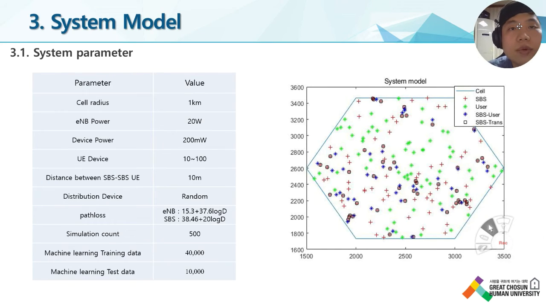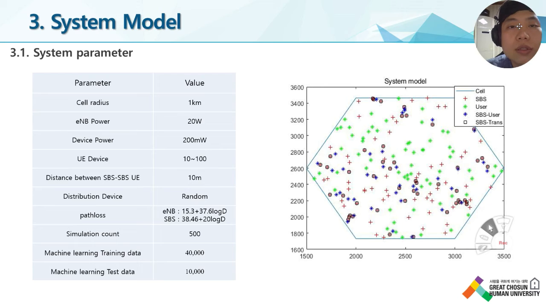I will explain the system model. A main base station exists in the center, and small cells are placed randomly in the cell. The base station has a radius of 1 kilometer, and we assume an environment subject to interference from 6 nearby base stations.